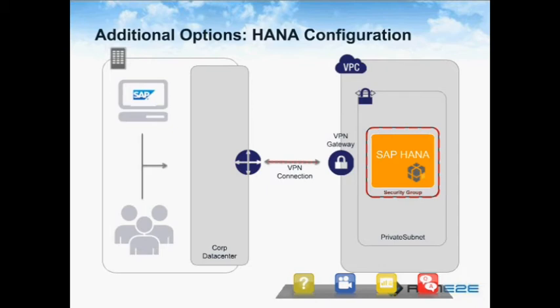In that case, you wouldn't be able to access your HANA cloud unless you were accessing your data center. So a lot of customers put a very quick VPN connection between the Amazon cloud system, which is theirs, and their own internal corporate network.